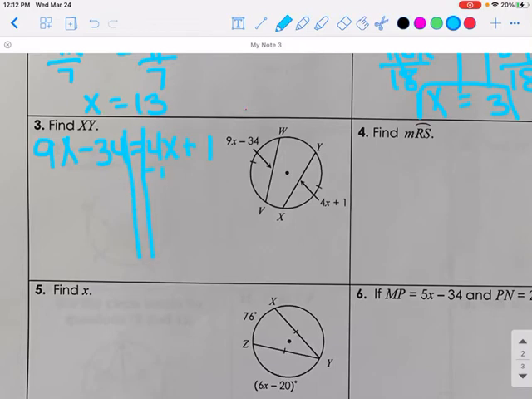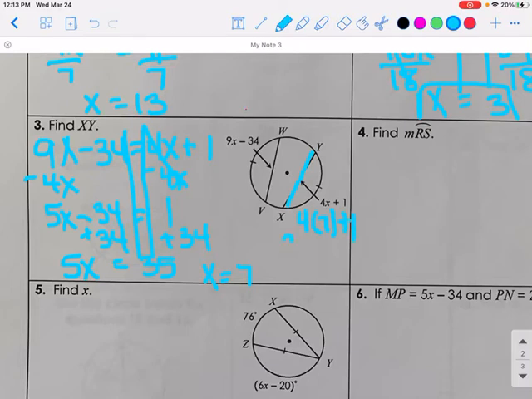We subtract 4x, subtract 4x. 5x minus 34 is equal to just 1, and add 34, and 34. 5x is equal to 35. So when you divide, x should be equal to 7. Now they want you to find XY, so there's XY, so 4 times 7 plus 1. So that's 28 plus 1, so you should get 29.